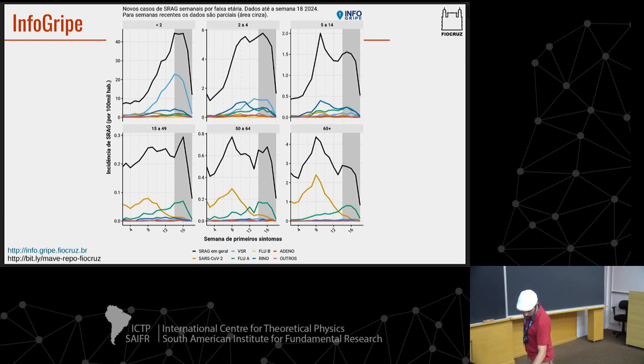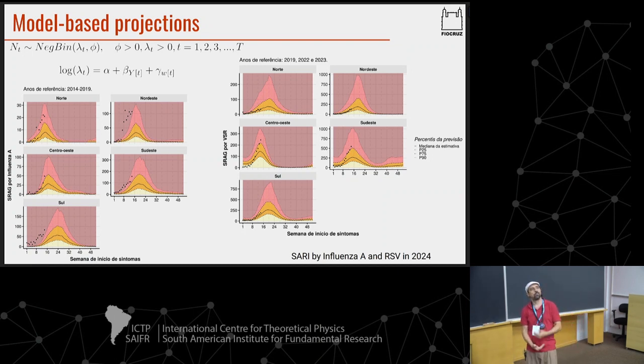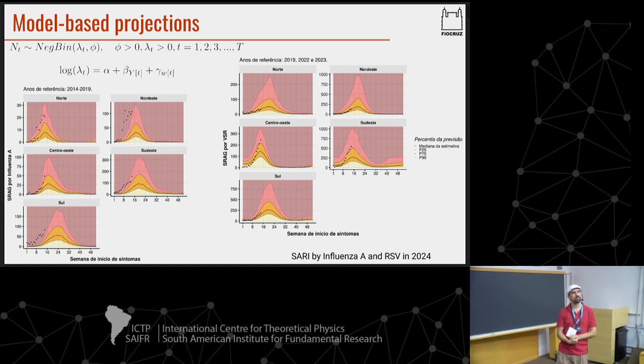And so one request that we got was: how long do we expect the current scenario of RSV to continue? How long do we expect the current situation of influenza A to continue? This is the quality of those estimations.